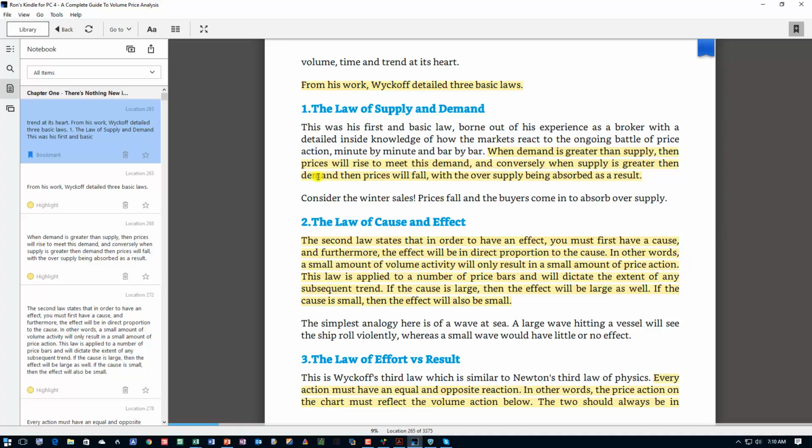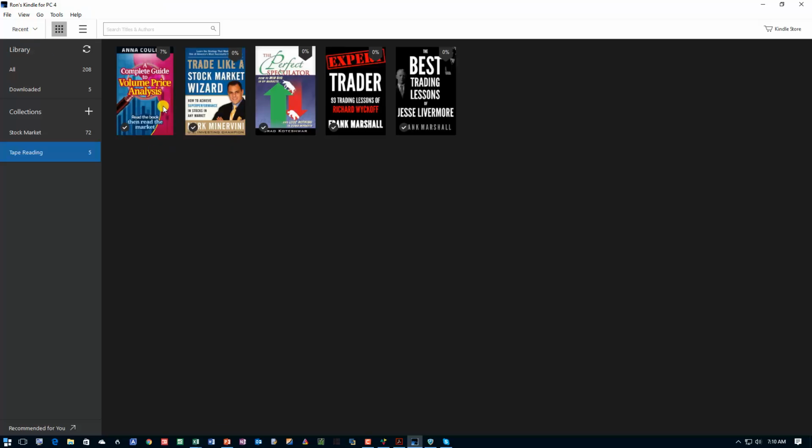You can buy these books, or this book in particular, for about $5 on Amazon or Barnes & Noble if you get the digital edition. Now, Trade Like a Stock Market Wizard is a book about super performing stocks. I recommend that you read that.